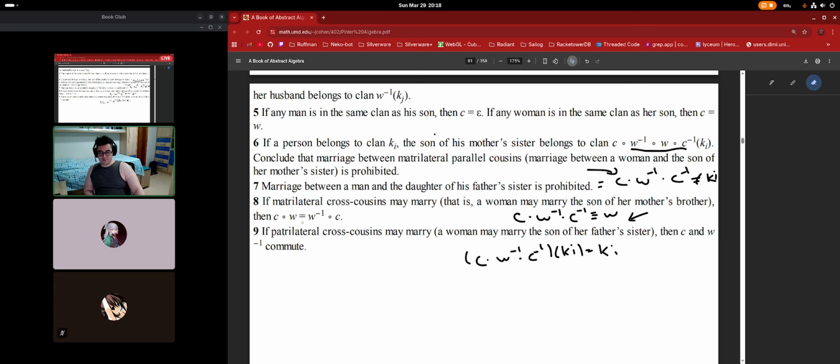Actually, this is a heavy sentence to say because there is a relationship between the clan of the child and the woman in this case. So then you can talk about the father.